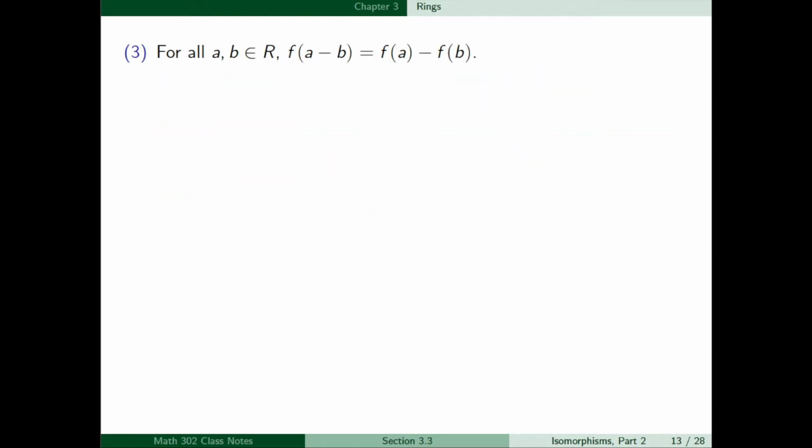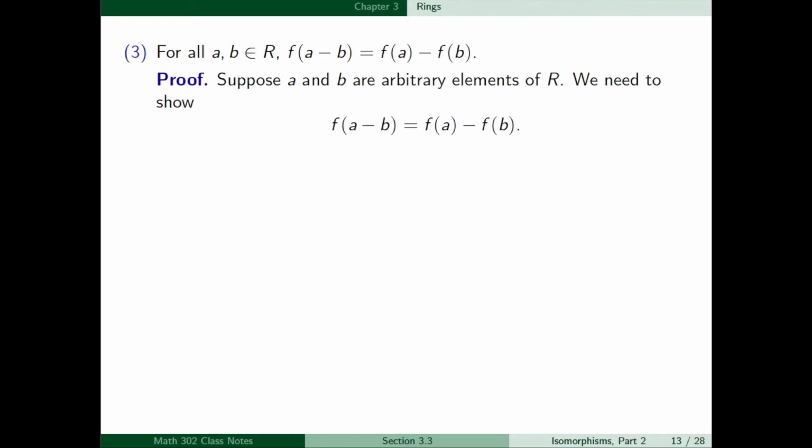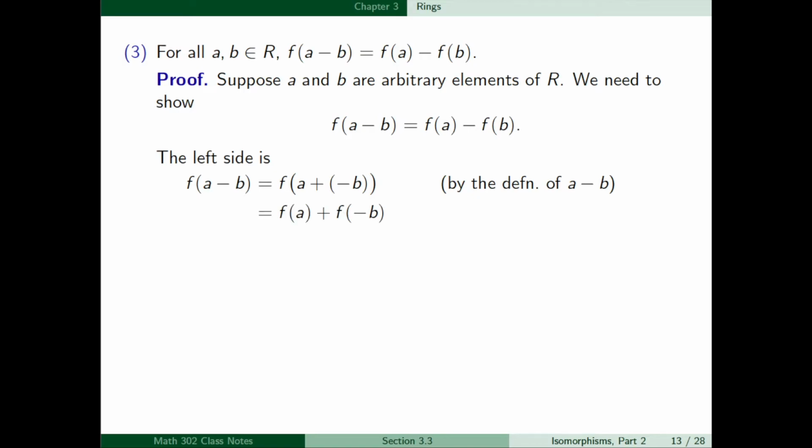For 3, we want to show that f preserves subtraction. So we'll suppose that a and b are arbitrary elements of R, and we need to show that f of a minus b is equal to f of a minus f of b. So the left side is f of a minus b, which is equal to f of a plus minus b. That's by the definition of a minus b. And this is equal to f of a plus f of minus b.